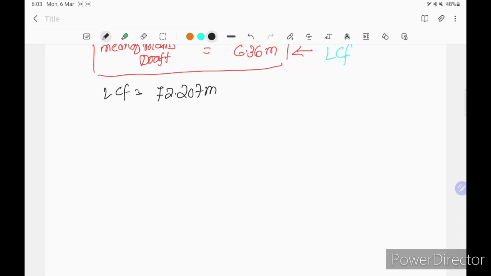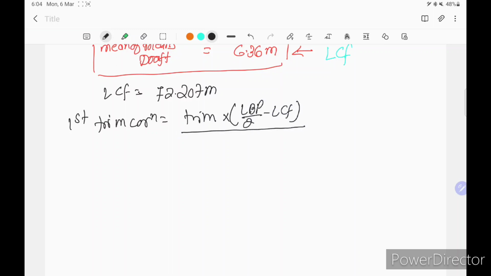Understood from here? Now we'll calculate the first trim correction. What is the formula of first trim correction? Trim into LBP by 2 minus LCF, divided by LBP.